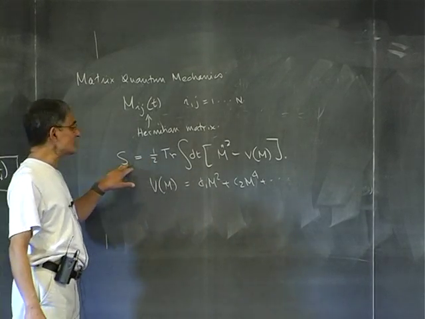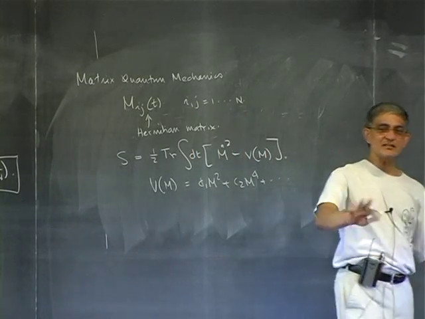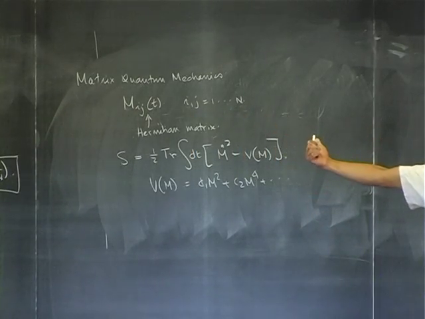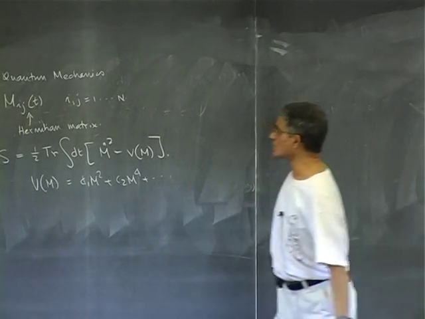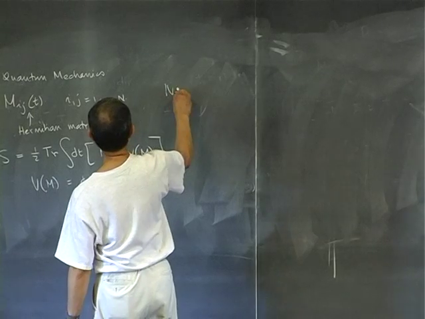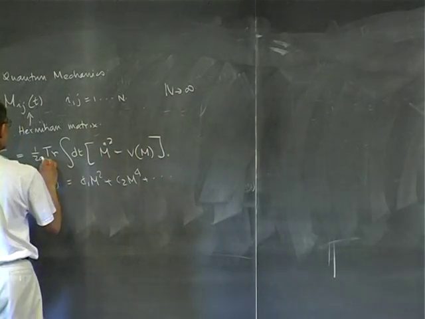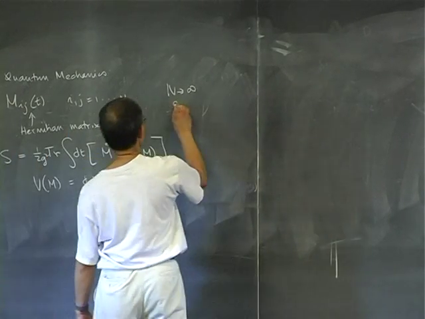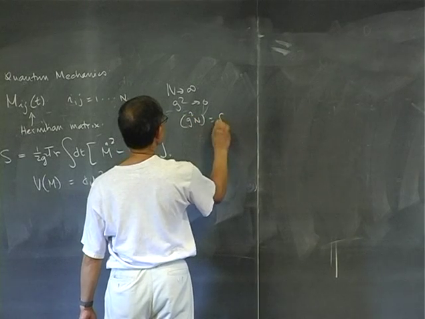The trace makes this thing invariant as it should be. And you want to do exactly the same thing as I showed for the isotropic harmonic oscillator in n dimensions. What you want to do is take the limit n going to infinity, and typically there is a coupling constant in the theory, and you want to take g squared going to 0 with g squared n held fixed.